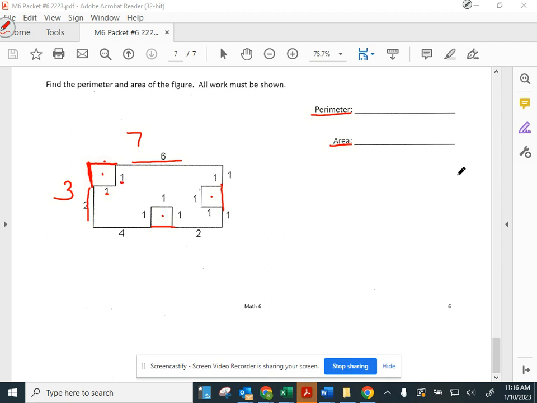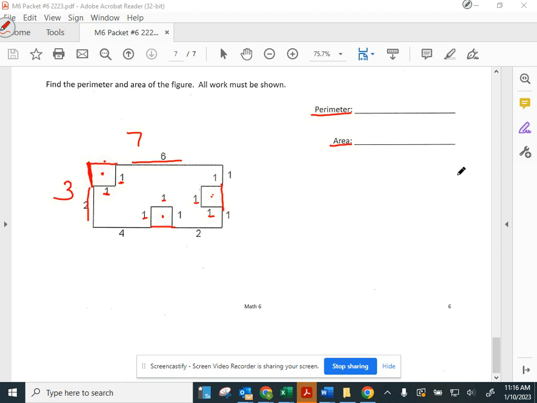Side times side. So you can find the area of this square, the area of this square, and the area of this square. Subtract that away from the full rectangle. Okay, so find the area of the full rectangle. Subtract away those 3 squares that are not a part of that rectangle. We take those out to make that funny shape.